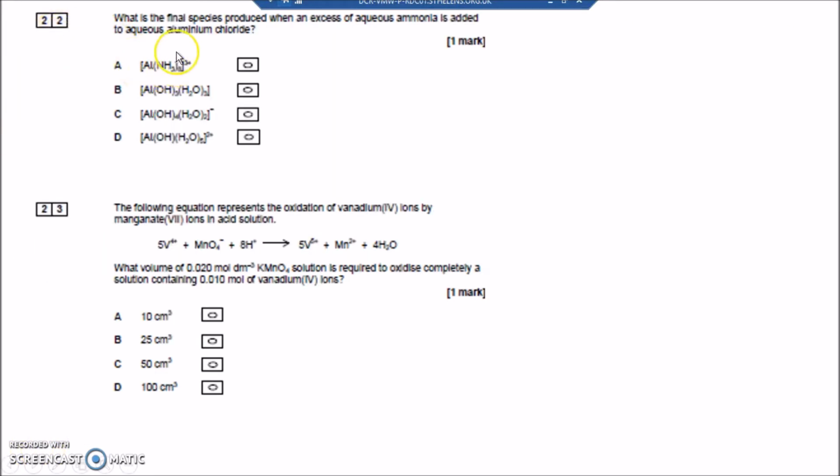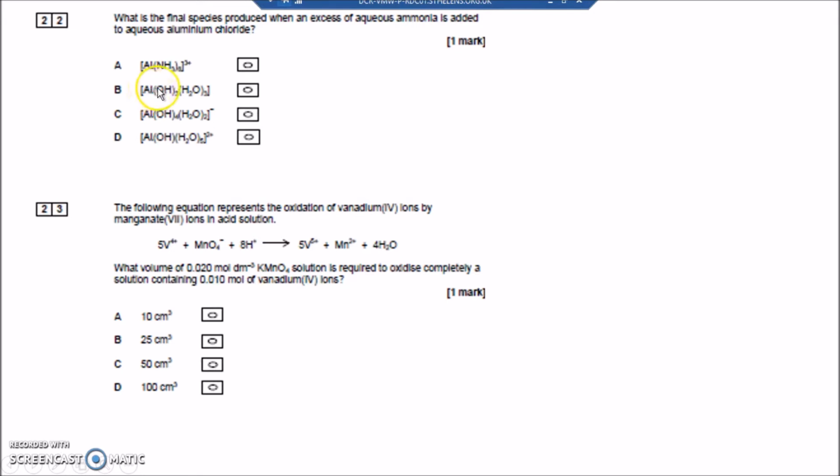Question 22. What's the final species produced when an excess of aqueous ammonia is added to aqueous aluminium chloride? Well, ammonia solution is alkaline, a weak base, and produces hydroxide ions from the water. Those hydroxide ions can replace the ligands.